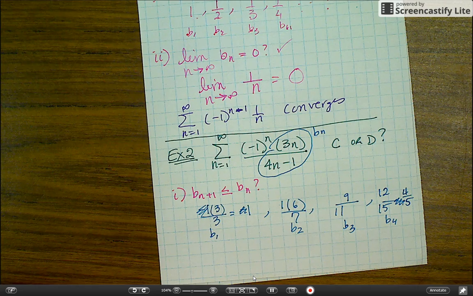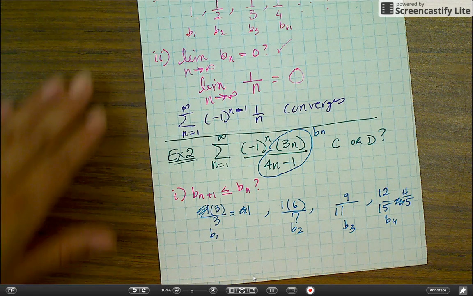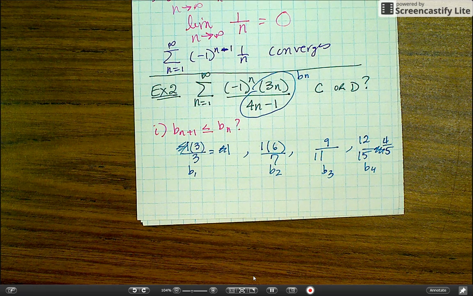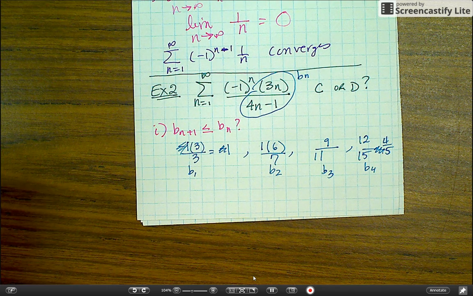This is kind of hard for me to tell which one is bigger and smaller, so I'll go to my calculator, unless you guys can tell easily. It is getting smaller.